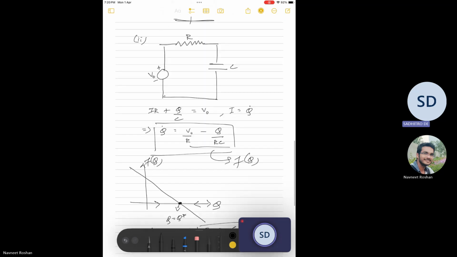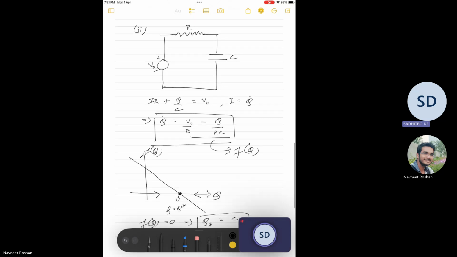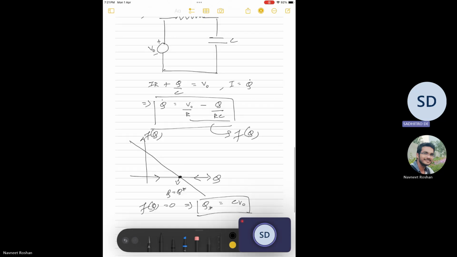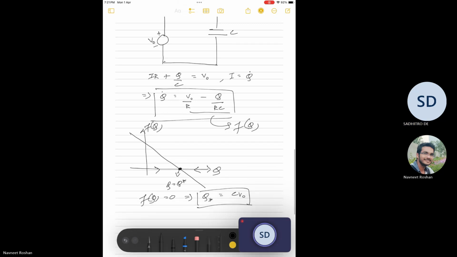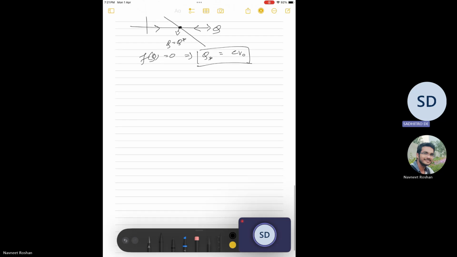And this is a logical thing, right? Because if you're charging a capacitor with a battery which has a potential difference of V naught across it, if initially the charge was 0, it will accumulate and go up to CV naught. That will be the total charge stored on the capacitor. So this was something which we already know earlier, right?